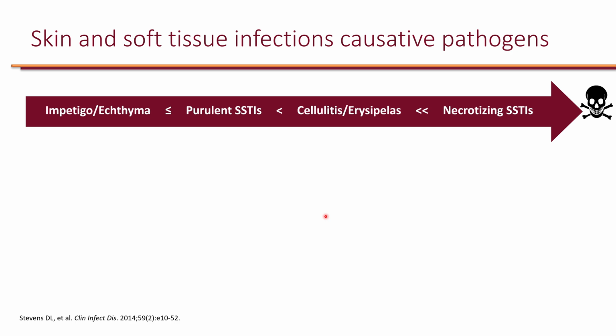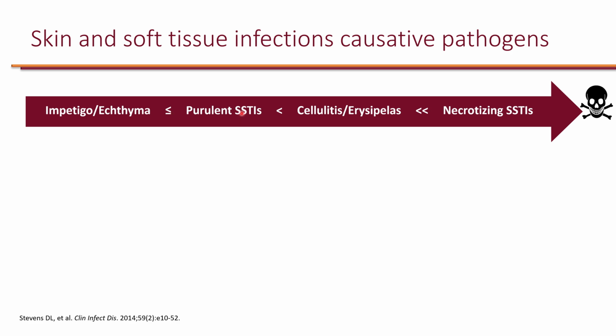Now, with skin and soft tissue infections in particular, we can consider severity on a spectrum. So impetigo and ecthyma are very superficial. Impetigo is in the epidermis and ecthyma extends into the dermis, right? So these are pretty mild in general, and they may be less severe or even similar to purulent SSTI.